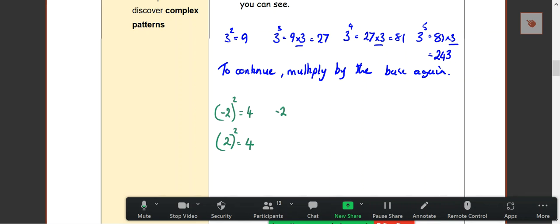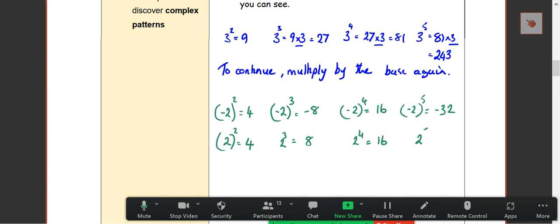And then -2 cubed is, and 2 cubed is 8, and -2 to the power of 4 is, and -2 to the power of 5 is -32.